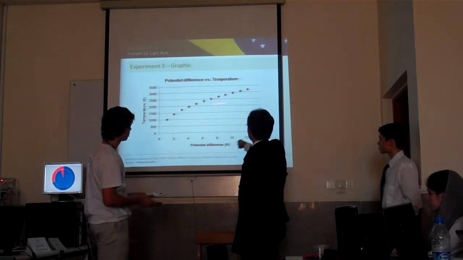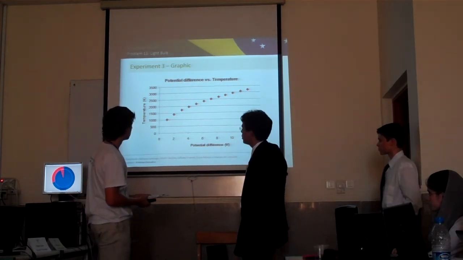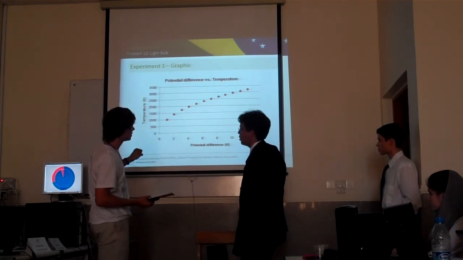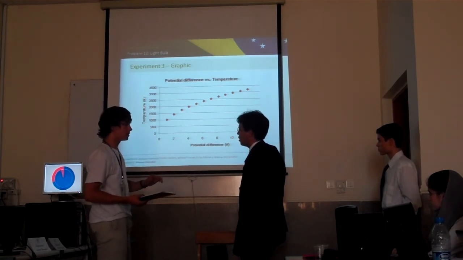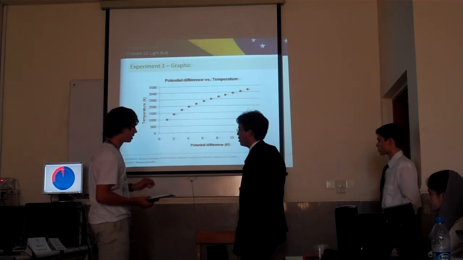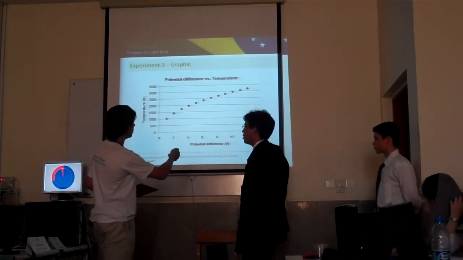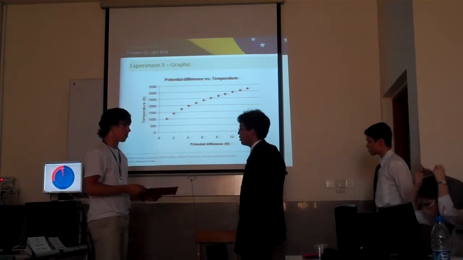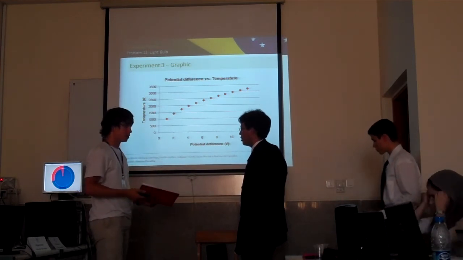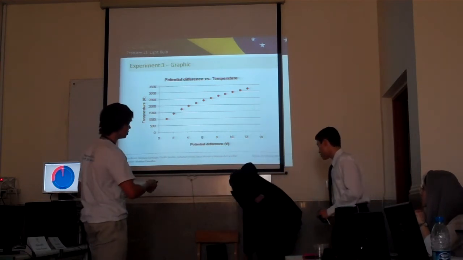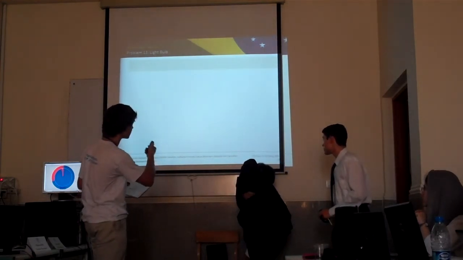I measured it. You consider only potential difference, and you don't consider the change of currents. When temperature changes, the resistivity changes, and when resistivity changes, the current has to change.